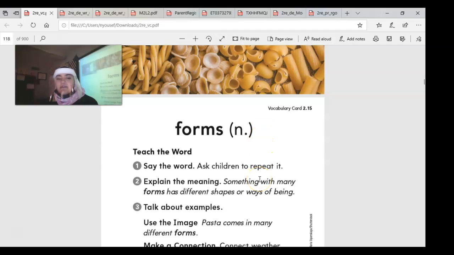Very good. Something with many forms has different shapes or ways of being. So go ahead and write that word down. If you need time, pause the video now.